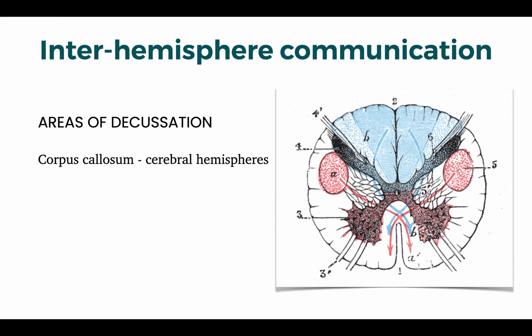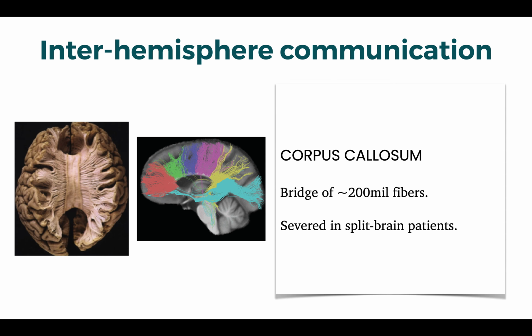So we'll start with the corpus callosum, which you are already familiar with. The corpus callosum connects our cerebral hemispheres, right? So it's a bridge of a whole lot of fibers. We've seen this picture before. It's looking down from the top of someone's head, and if you were to slice off the top of their head, you could see the corpus callosum fibers.